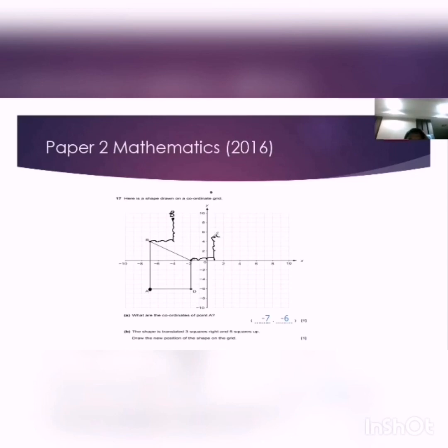So let's look at this. 1, 2, 3, and we need to move 5 squares up. 1, 2, 3, 4, 5.